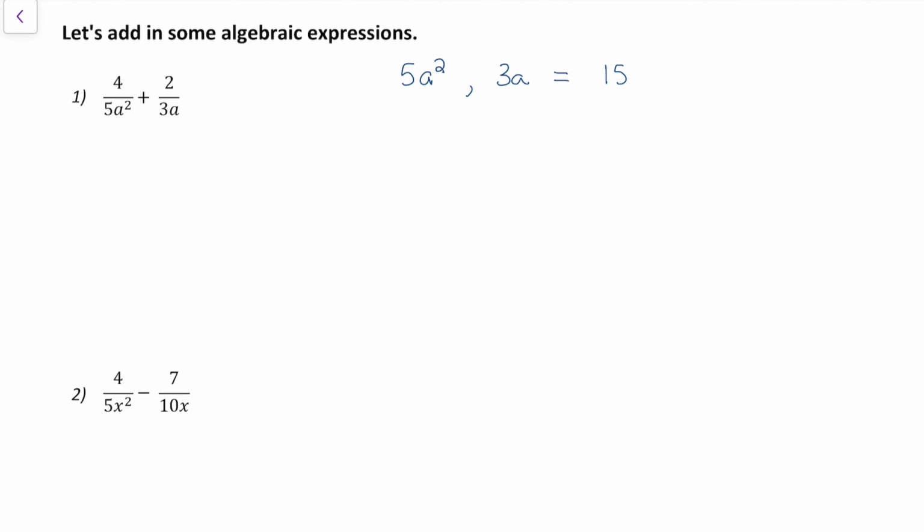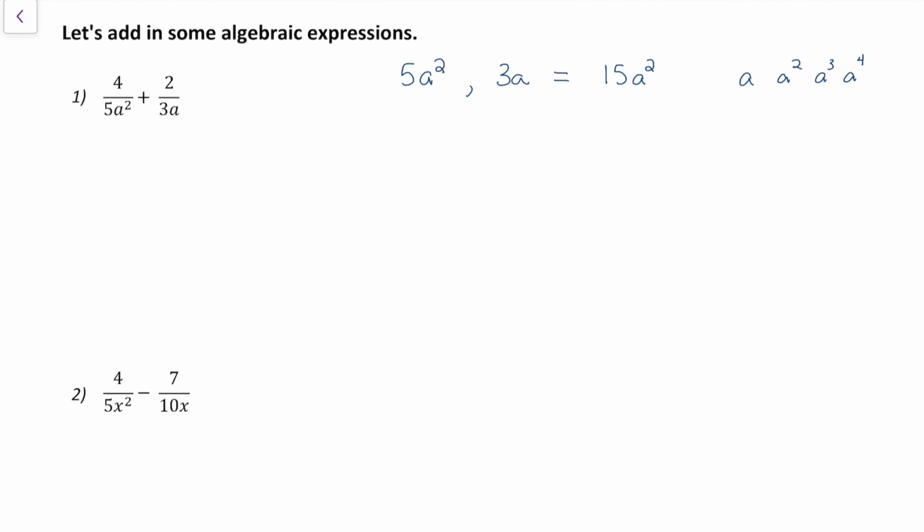Now if we look at the algebraic side, I have a squared and a. Well, the lowest common multiple between those is going to be a squared, because the multiples of letters are their exponents. So we can have a squared, a cubed, a to the power of 4, and so on.